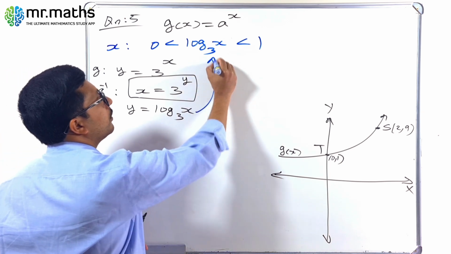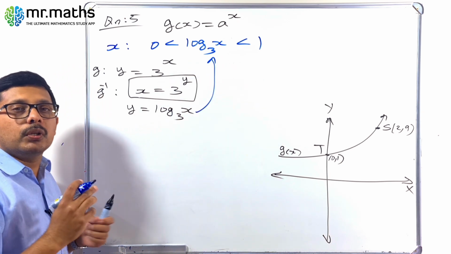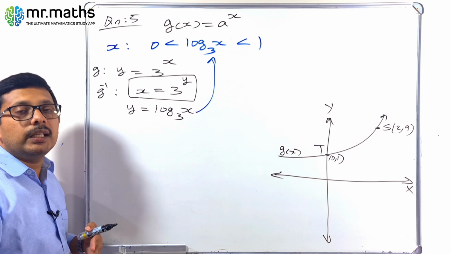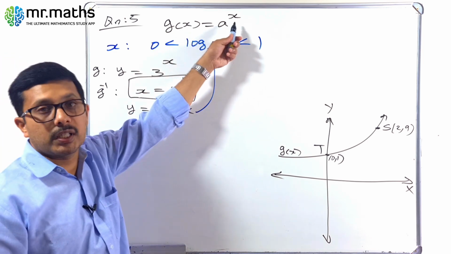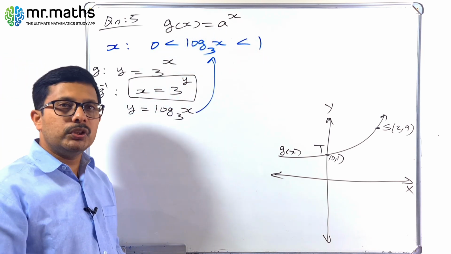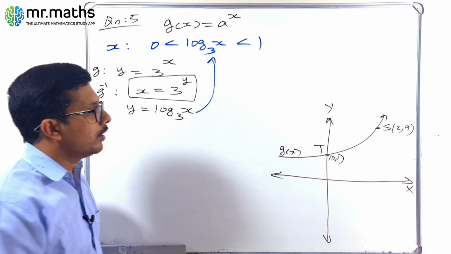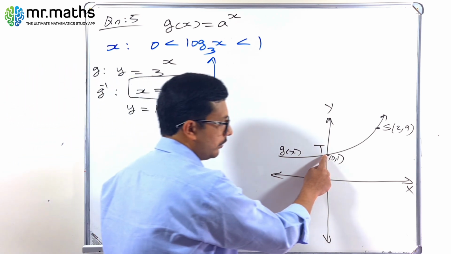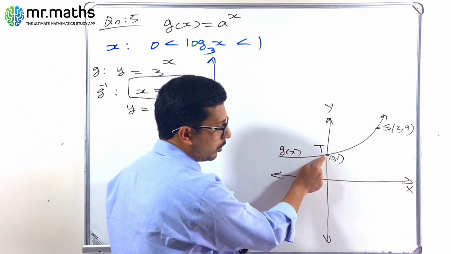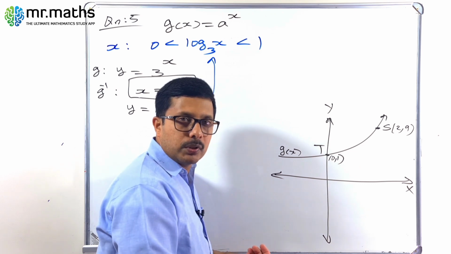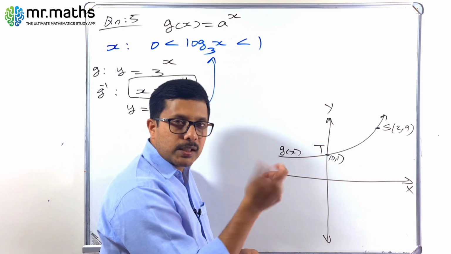They are talking about the inverse of this g of x graph. Let me try to draw that inverse graph here. You have to swap x and y.